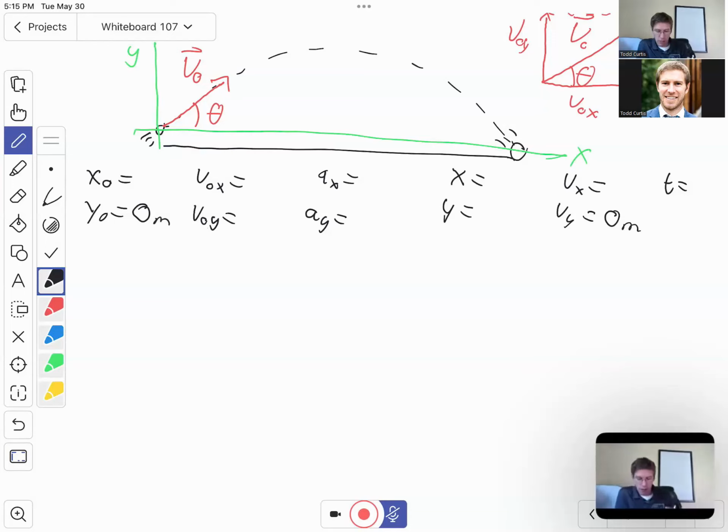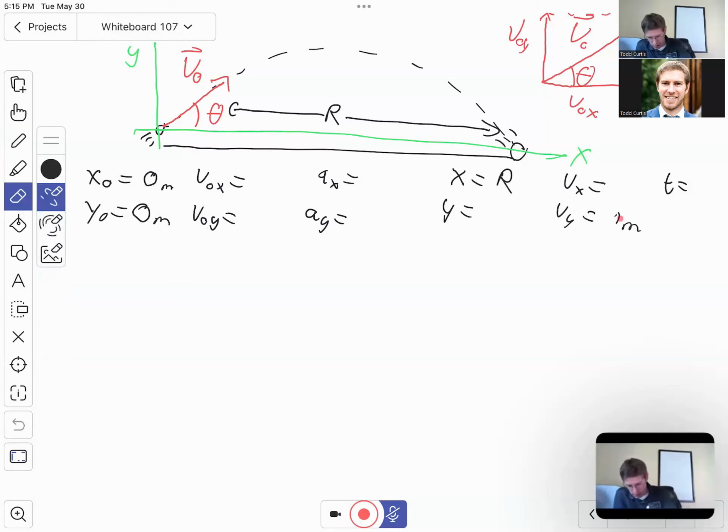So here we have some object launched at initial velocity v initial at some angle theta, and we're asked to derive an equation for its horizontal distance, the range. So the range would just be the total distance that it travels here. So if we define x initial as 0, then x final is R.